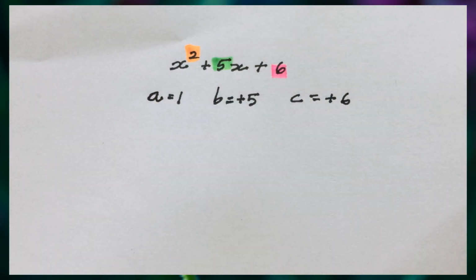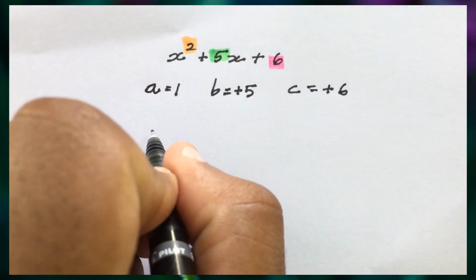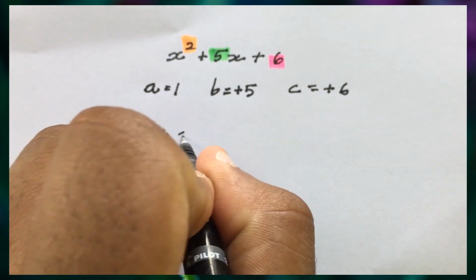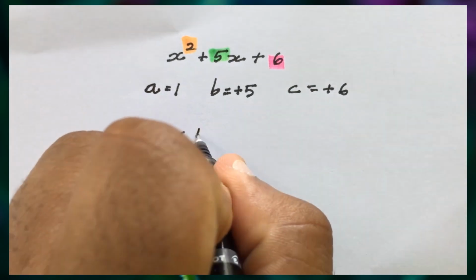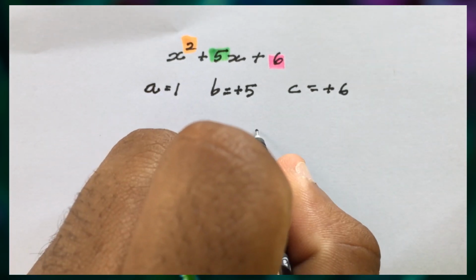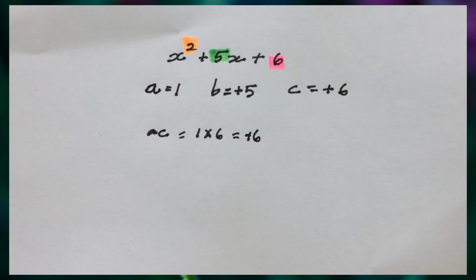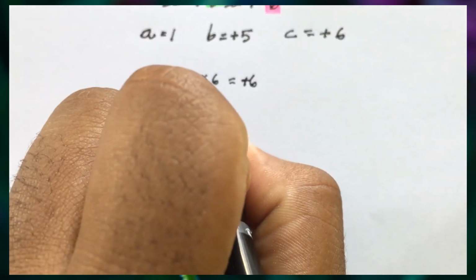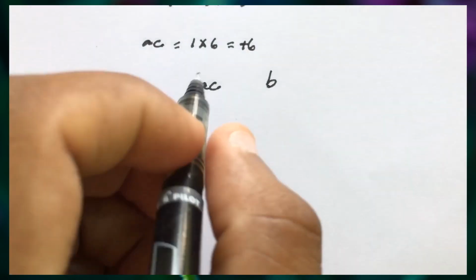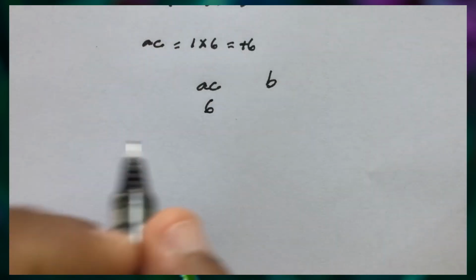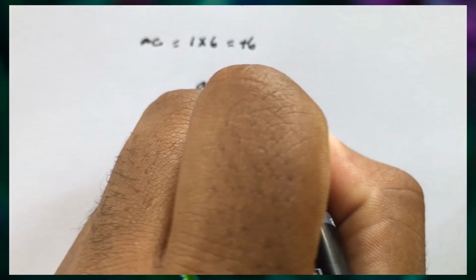So what we need to do now is to find the key. You remember how to do that? We're going to have AC, which works out to be 1 times 6, which is just positive 6. Good. And then we're going to set up that table. AC, and I'm comparing it with B. AC was 6, and B was that positive 5.